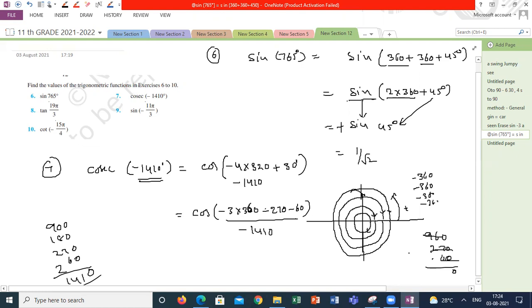What is this meaning? It is 3 complete revolutions and minus 270 minus 60. After minus 270, at minus 60 degrees it is here. Or this can be written as 4 complete revolutions plus 30 degrees. Both are the same, no?